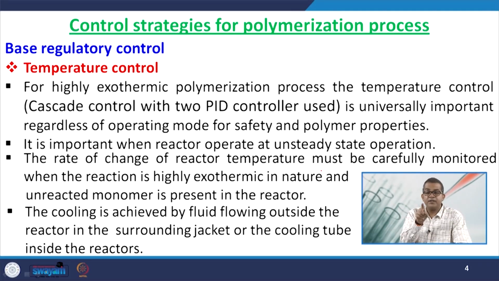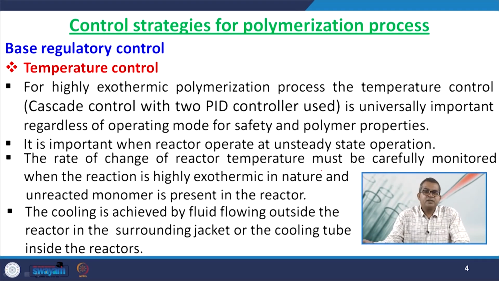Otherwise it may create a future problem of uncontrolled chain formation, highly viscous in nature, because at the time of reaction you won't be able to assess the importance of temperature, since viscosity and temperature are both interlinked. The higher the temperature, the lower the viscosity. But when you go for shutdown of a reaction, then it may create a problem. So that is why this particular approach is important.